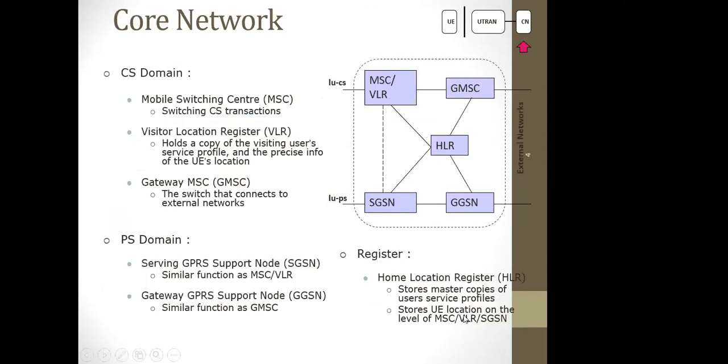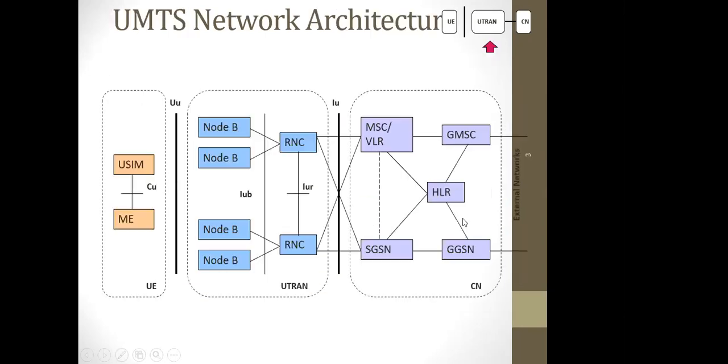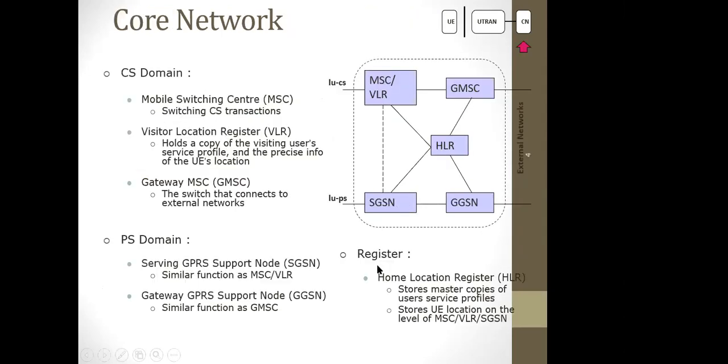In the CS domain, the MSC and VLR hold the subscriber information. What we call HSS in 4G was called HLR before, in the 2G days.